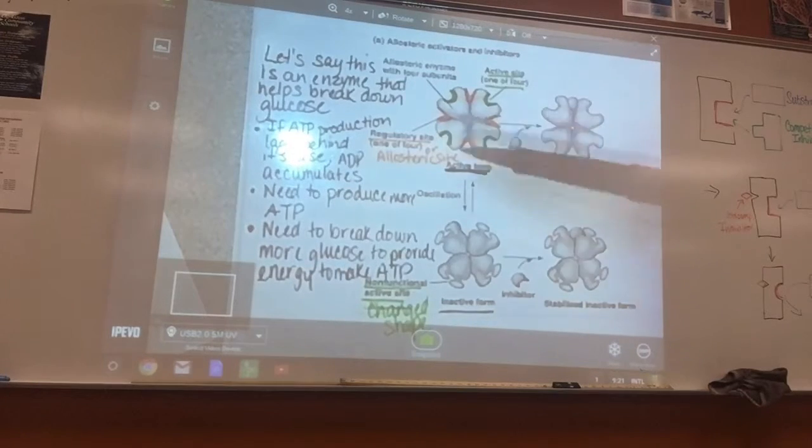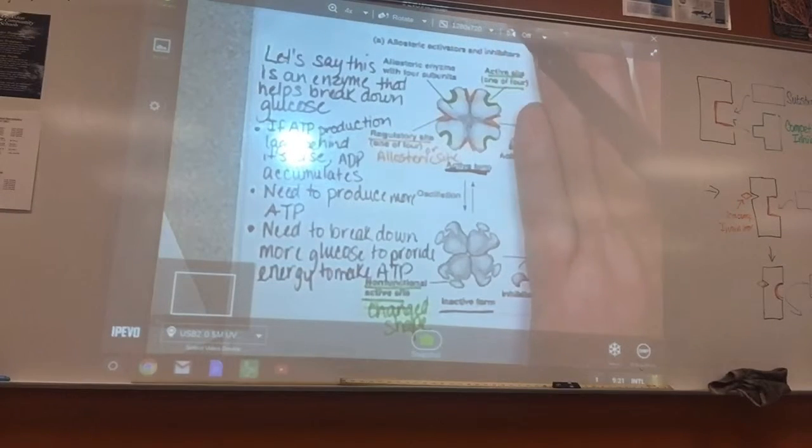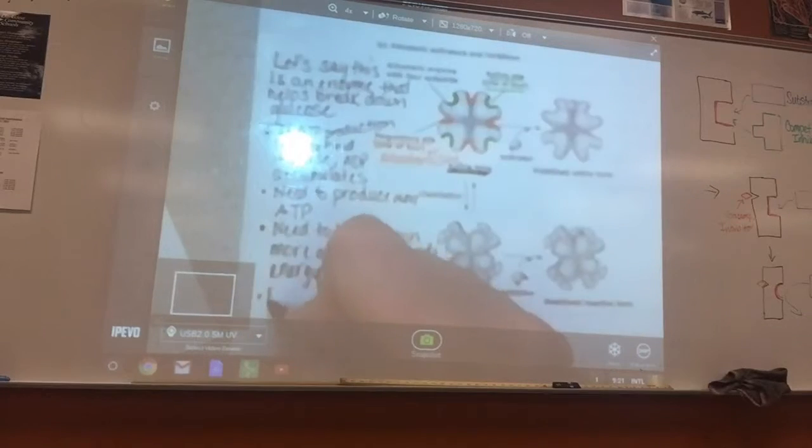So if this is an enzyme right here that helps break down glucose to make ATP, in this situation, do we want this enzyme to work or not? This is an enzyme that helps break down glucose. Do we want that to happen? We do. So we need this enzyme to work.